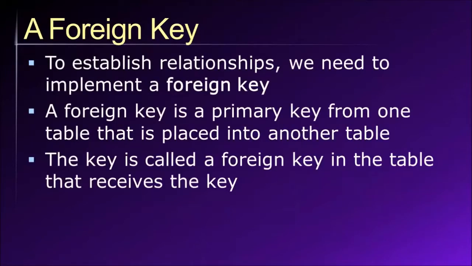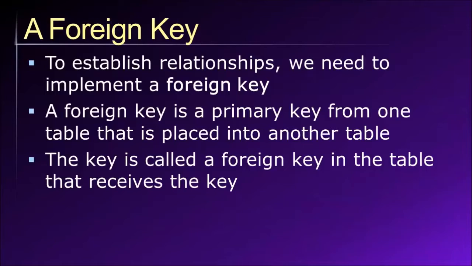In the database world, we establish relationships between the tables in our database by using matched pairs of values. To establish these relationships, we need to implement something called a foreign key. Put simply, a foreign key is a primary key from one table which is added or placed into another table for the purpose of linking the records in those tables together.